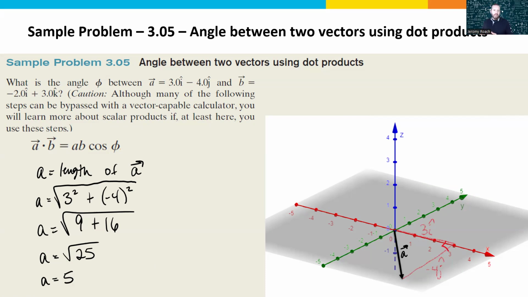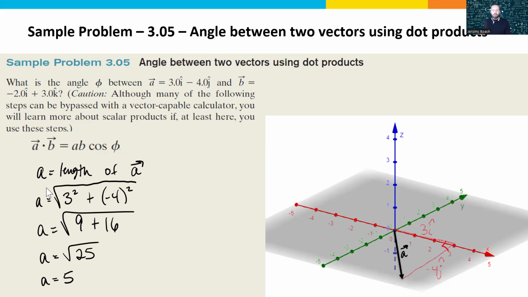So A dot B is AB cosine psi. A is the length of vector A. To find the actual length of vector A, we're going to use the vector components of x and y, which are i hat and j hat. Now, I should have written an arrow over this A, technically.